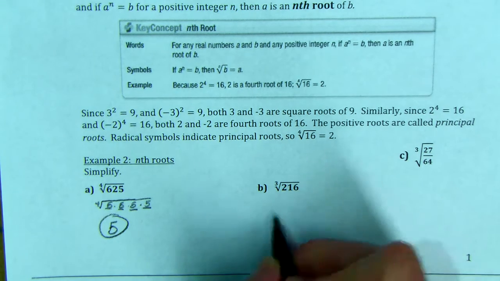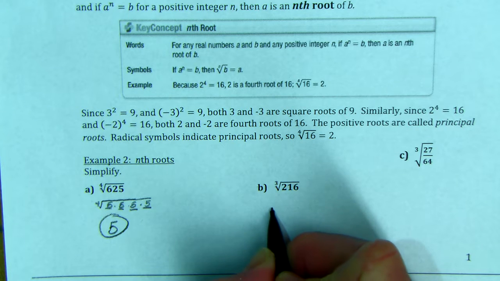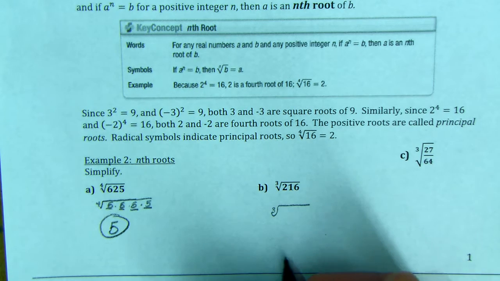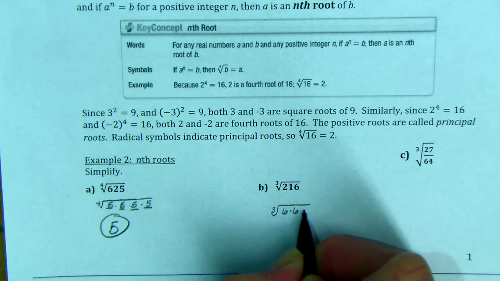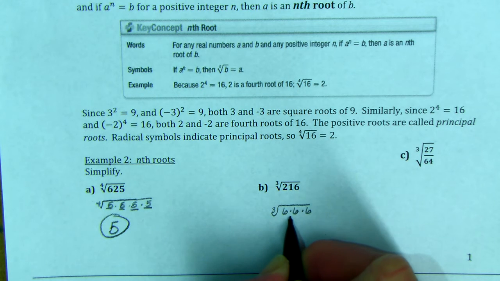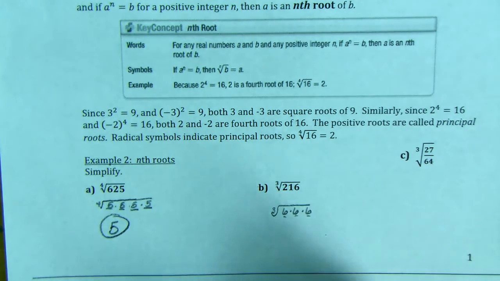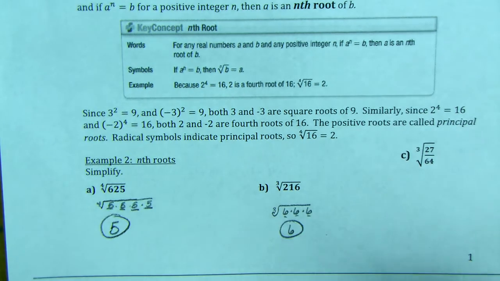Okay? Same thing, the cubed root of 216. Well, I know that 216 is a factor of 6, actually, and it is 6 times 6 times 6. So the cubed root of 6 times 6 times 6, since there's 1, 2, 3 of them, the 3rd root, that is what you can take out.